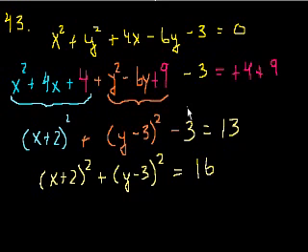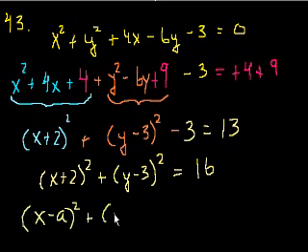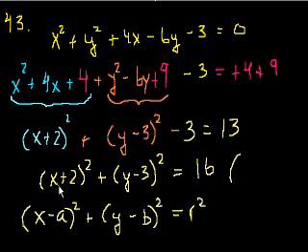And now if you think about it, this is the form of a circle, right? This is x minus a squared plus y minus b squared is equal to r squared, where the center of the circle is at where? Whatever the x value is that makes this equal to 0.